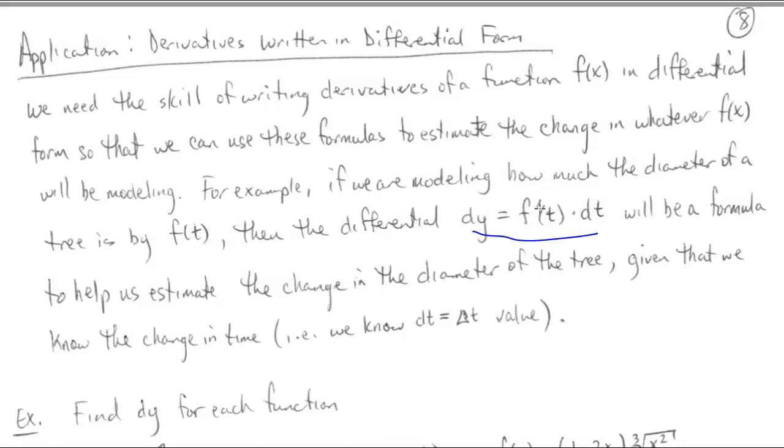And essentially what we're doing when we use these differentials is what's called sensitivity analysis. Okay, and so what that means is if I make a small change over here, how does that affect this result?